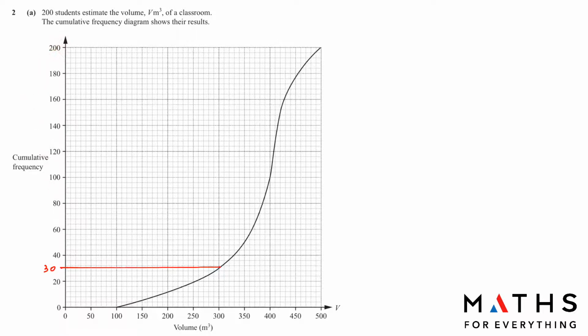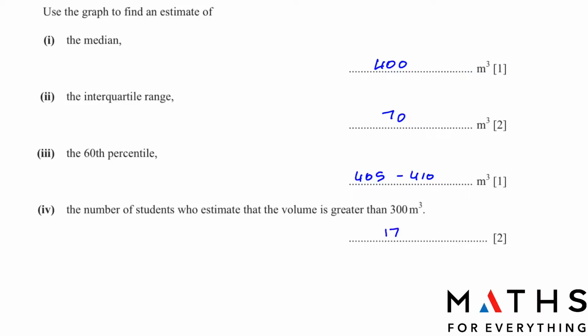More than 30, like these many students estimated that it's more than 300. So how many students are these? From 200, you minus 30, that will give you 170. That is your answer.